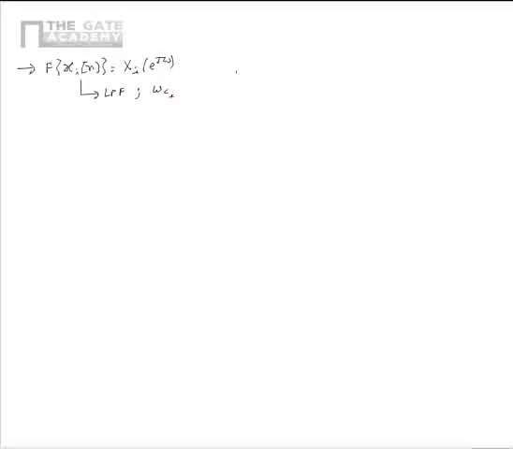It is given that there is a signal y of n which is written as x1 of n convolved with x2 of n convolved with and so on xp of n, where p is a positive integer. Now we need to find the bandwidth of y of n.